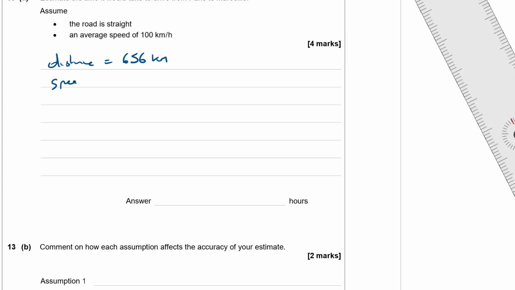We know that speed is equal to 100 kilometers per hour. We want to find time. Okay, so we know that average speed equals distance divided by time.